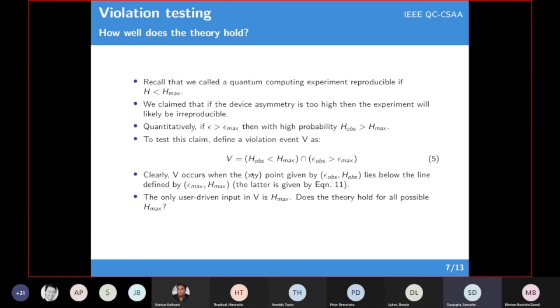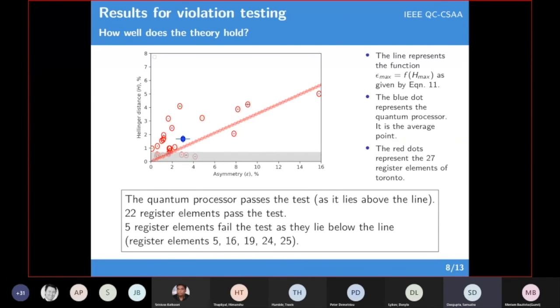If the data is showing something which the theory doesn't predict, we call it a violation event V has occurred. And we would like to see, for each qubit, a granular analysis of whether this theory is holding. So that's what I want to show to you next: the results of this violation testing.